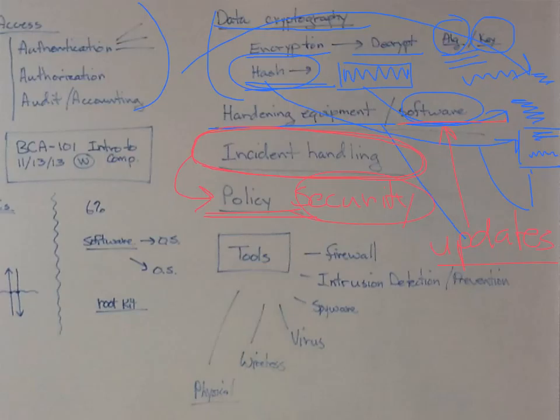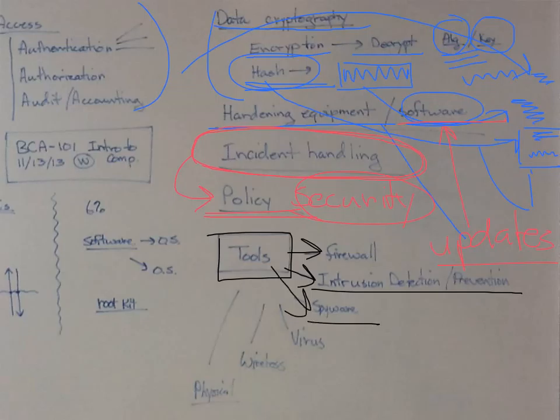Last thing here, tools. We already mentioned firewalls. You can have intrusion detection and prevention systems that monitor your network and keep track if something unusual happens. You have spyware, and software to detect viruses and any type of malware, stuff you don't want on your computer.